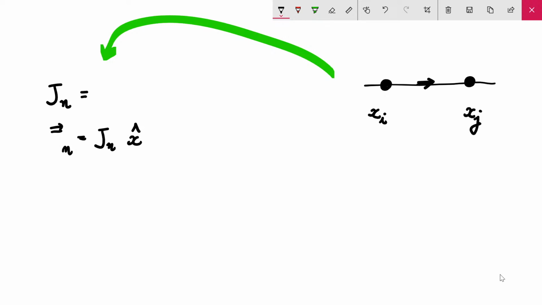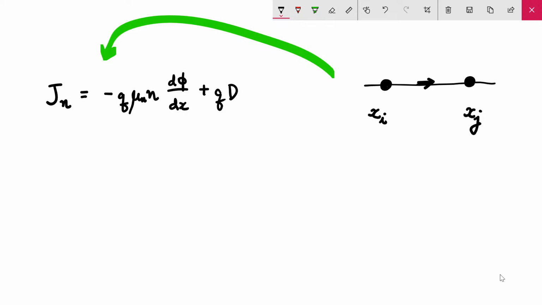So in this case we can say q mu n n d phi over dx, and q D n dn dx. So after long discussion, you will have the form of what? The form of the Scharfetter-Gummel scheme discretization. Then how can you remember that one?